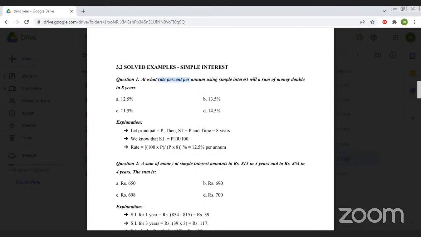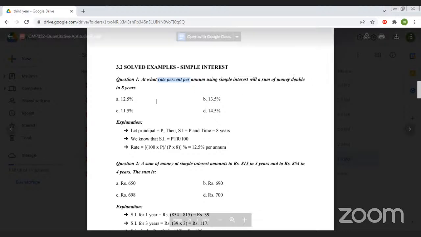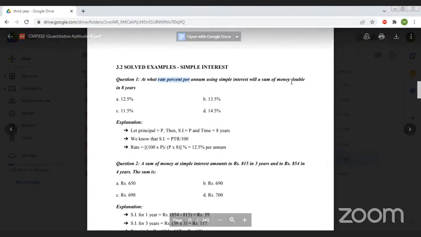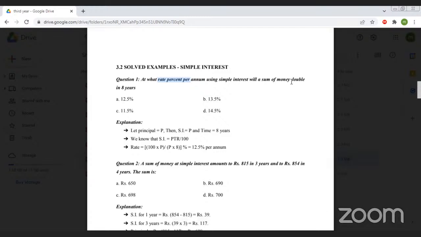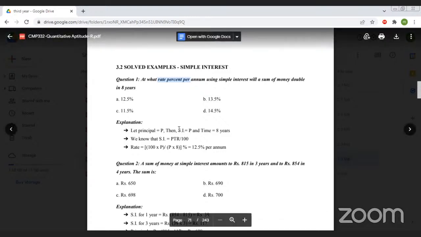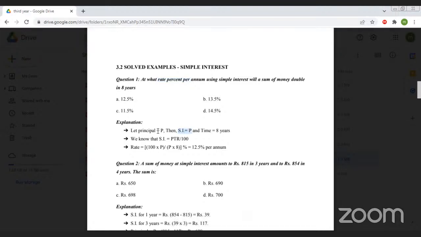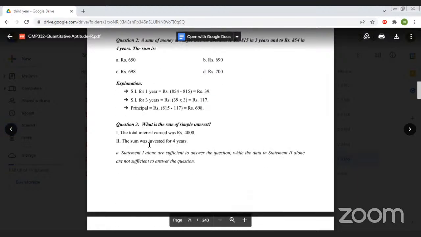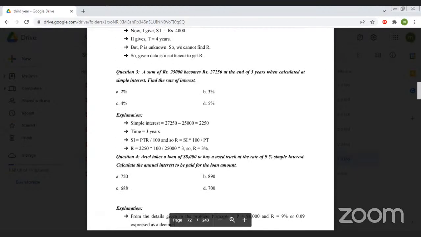Let's consider the sum as P. Then SI is P into T into R upon 100. When you calculate it, you will get 12.5% per annum. So this was regarding simple interest.